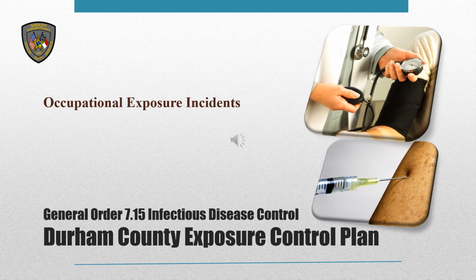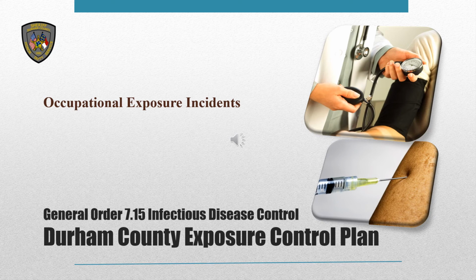An occupational exposure incident means a specific eye, mouth, or other mucous membrane, non-intact skin, or parenteral contact with blood or other potentially infectious materials resulting from the performance of the employee's duties. Examples of these include direct, unprotected contact with blood or bodily fluids from another person, or other items containing blood or bodily fluids from another person, when the officer has cuts, abrasions, or open sores in the contact area.